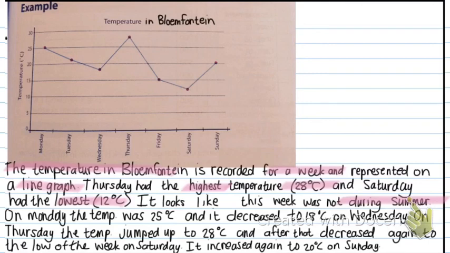And then I start describing the path of the graph. On Monday, the temperature was 25 and it decreased to 18 on Wednesday. On Thursday, the temperature jumped up to 28, and after that decreased again to the low of the week on Saturday. It increased again to 20 on Sunday. So then I just describe the whole path of the graph.